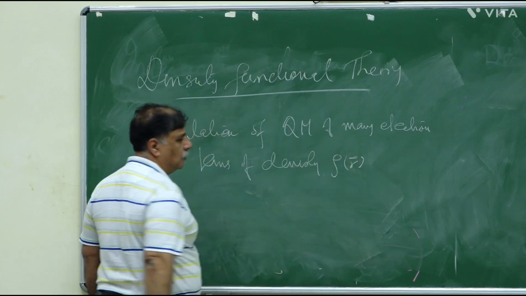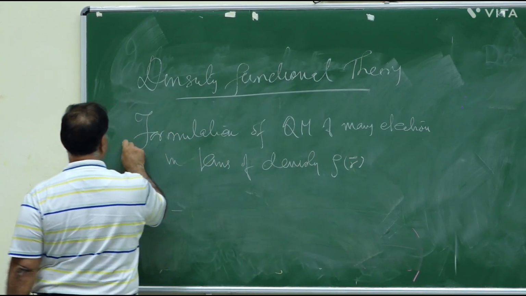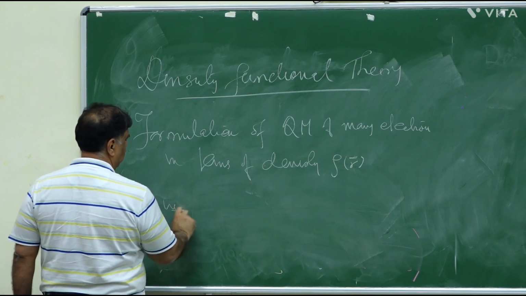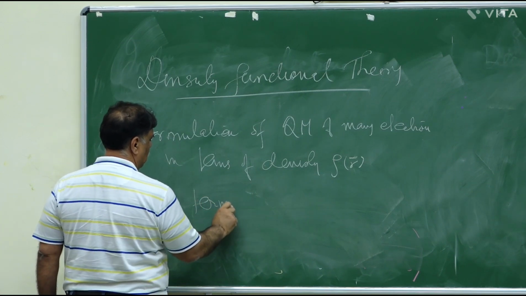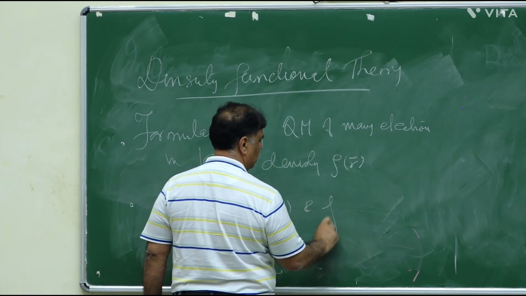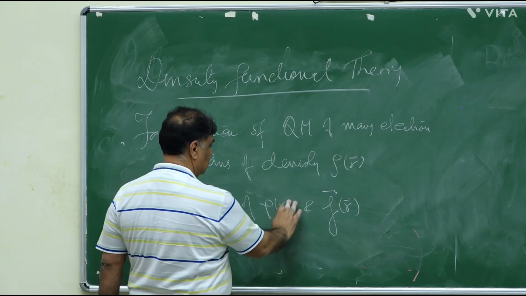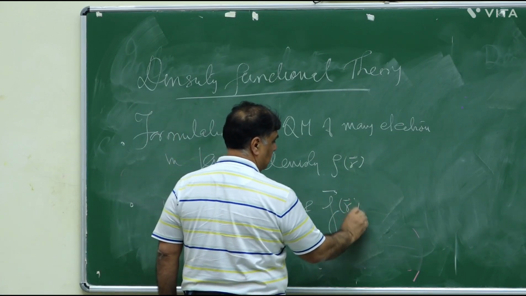Well, this is for a steady state, right? And the time dependent counterpart would be in terms of rho r and j r, the current. And then I'll have this as time dependent.